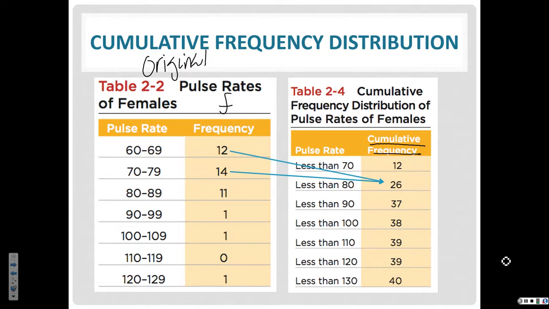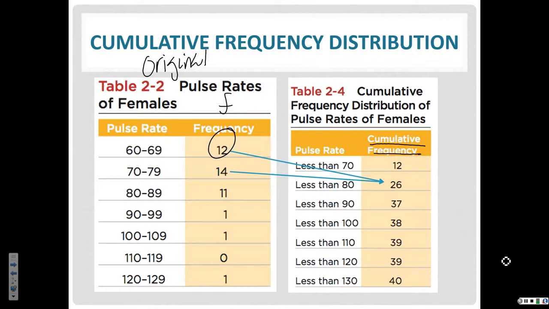Well, let's discuss this. In the very first class, I started out with how many women? How many women do I have in the very first class over here? 12. That's the first number I have there.